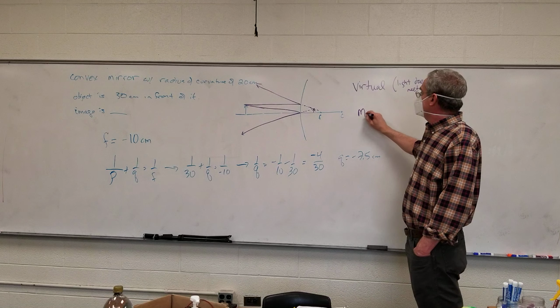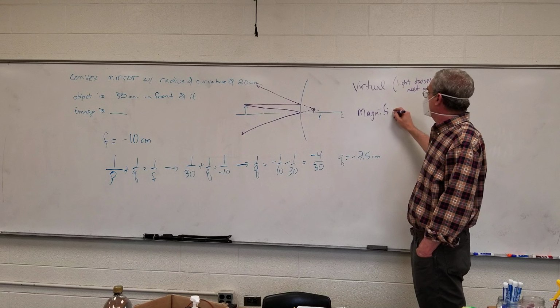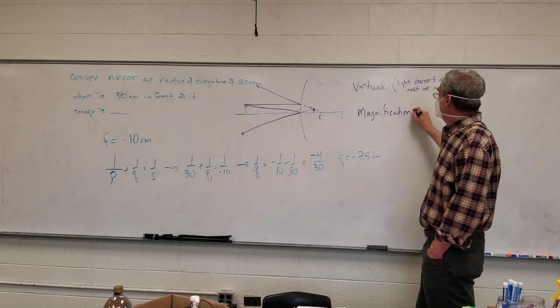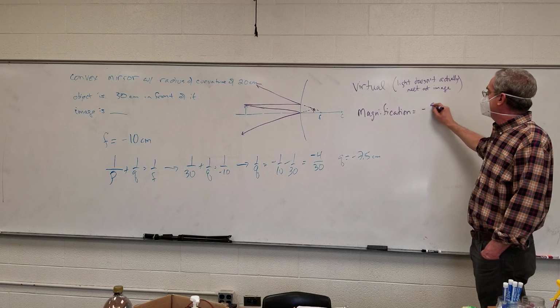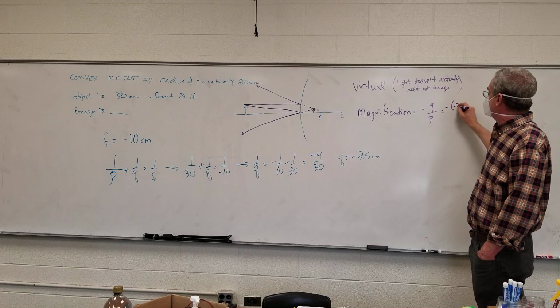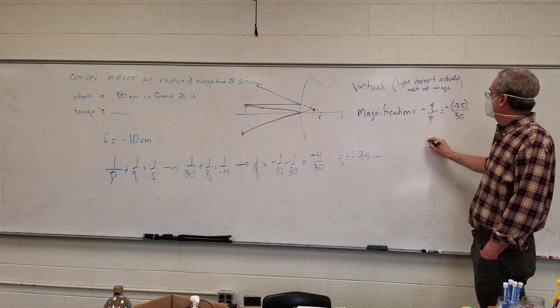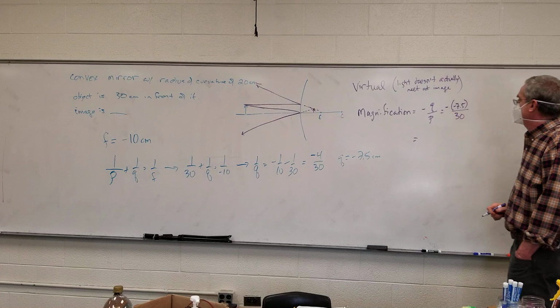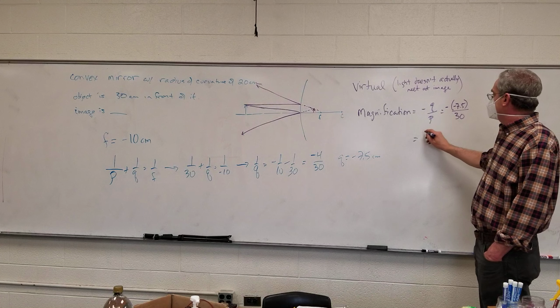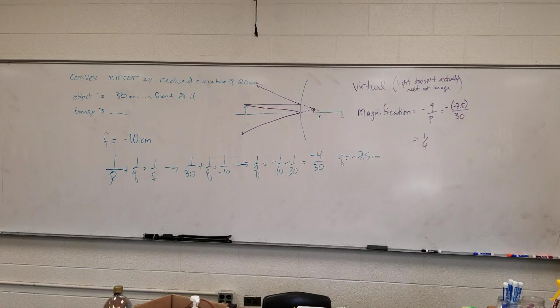The magnification formula still holds. Magnification is negative Q over P. So that becomes negative negative 7.5 divided by 30, which is 1/4. So my image is going to be 1/4 the size of my original.